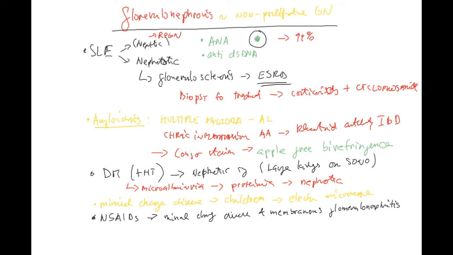And this is a better term because this stresses that it's rather non-inflammatory. So in books you'll find both terms. You can find membranous glomerulonephritis, but nowadays in the newer texts, you will rather find the term membranous nephropathy. So remember the nephropathy.